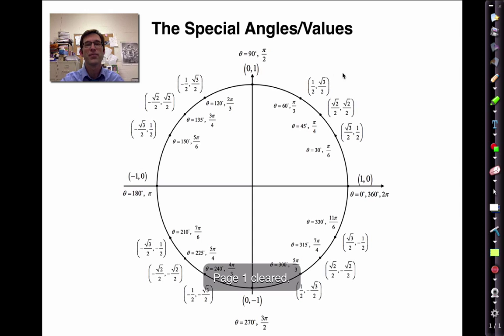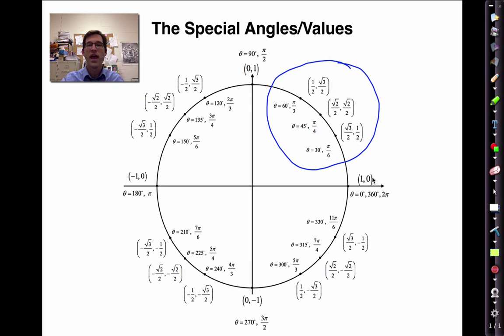But you really only need to memorize the first quadrant and then know the basic values at the quadrantal angles: 90, 180, 270, 360, or pi over 2, pi, 3 pi over 2, that's 270 degrees, that's an important one, and 2 pi.